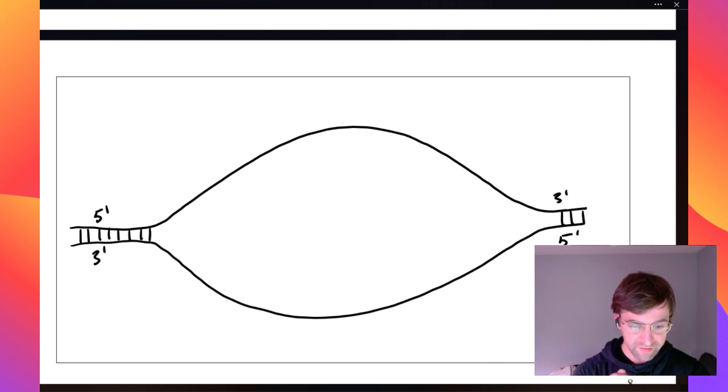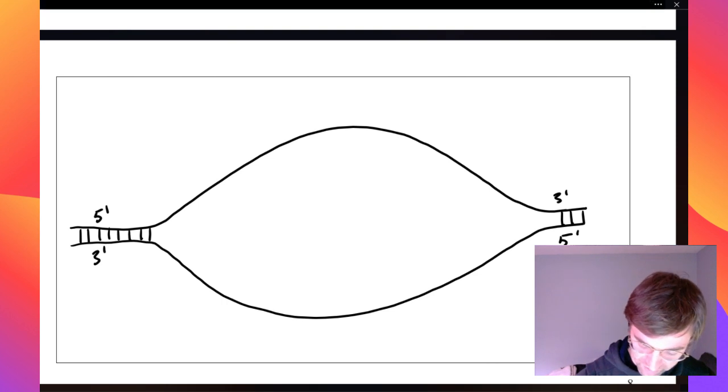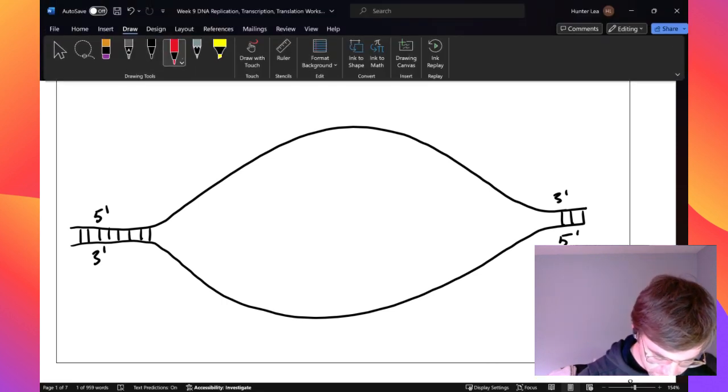And I've put my 5' there, so I need to think about the direction of replication here for a second. Overall direction of replication would be in both directions, but this is our leading strand. So I want to do this in a different color.